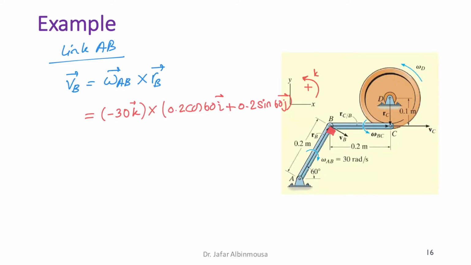And then we cross this by the position of point B. The position of point B is composed of two components. So the first component is an x component, that's RBX, and then the other one is a j component, so RBY.